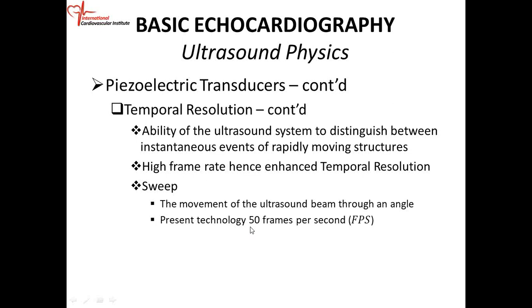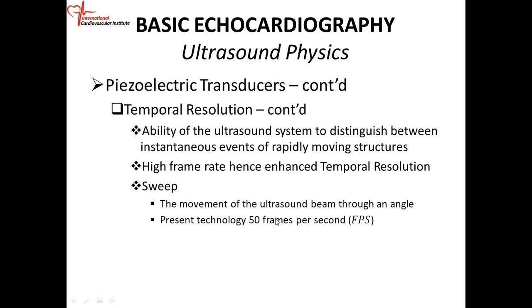Most of what we do, we use a sweep speed. Most of what we do in echo, we use 50 frames per second, and we usually write it as FPS, frames per second, 50 frames.